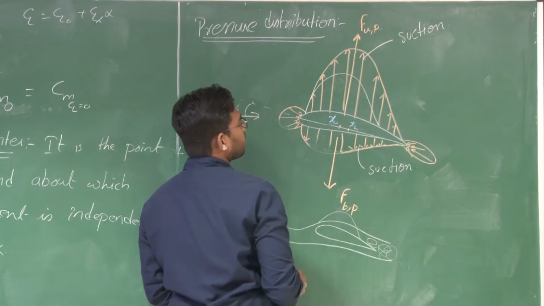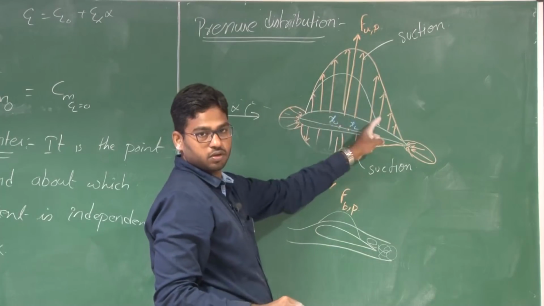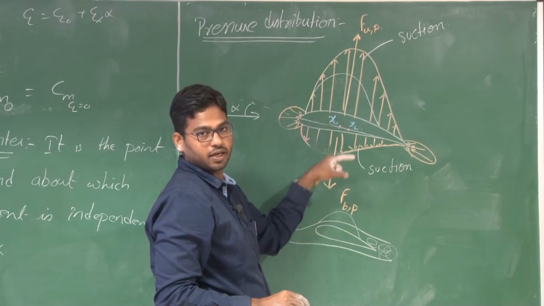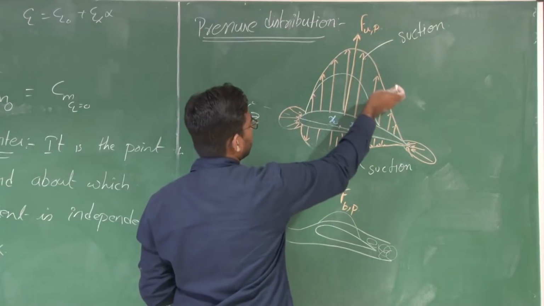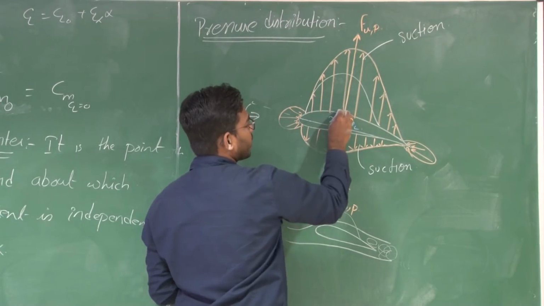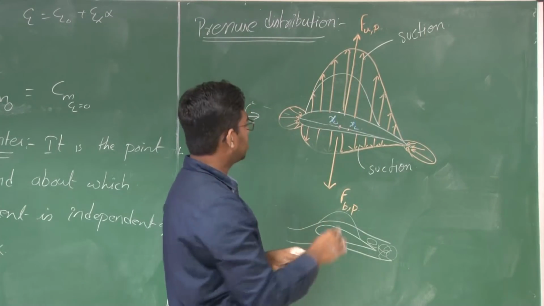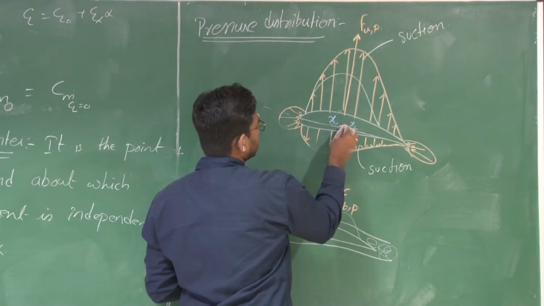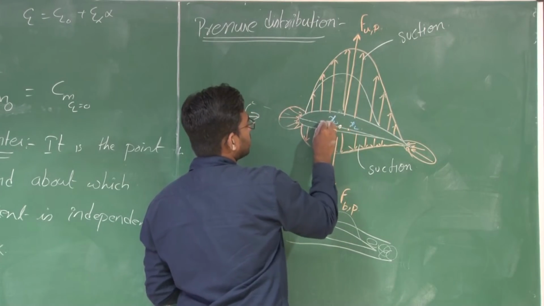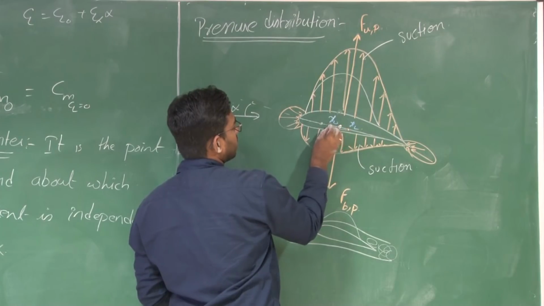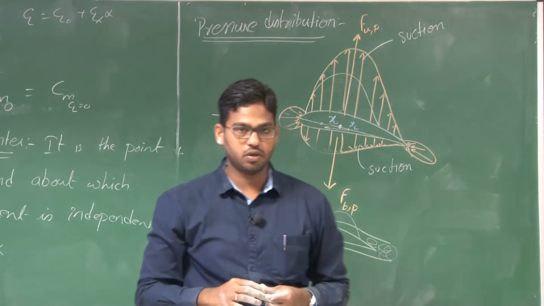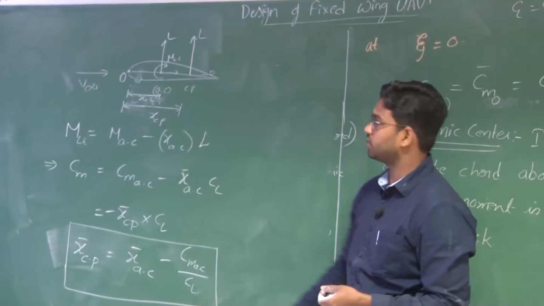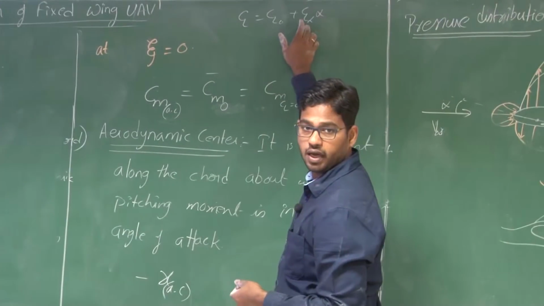If this is your resultant pressure distribution at higher angles of attack, then XCP for the initial case and this case will vary. So this will shift towards the aerodynamic center. Say this is your aerodynamic center, this XCP will slowly shift towards it. When can this happen? At higher CLs. When can you achieve higher CL? When you have a higher angle of attack.